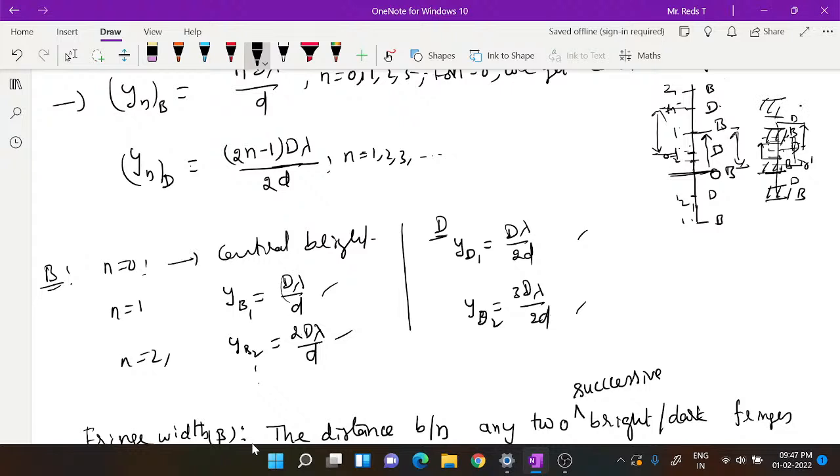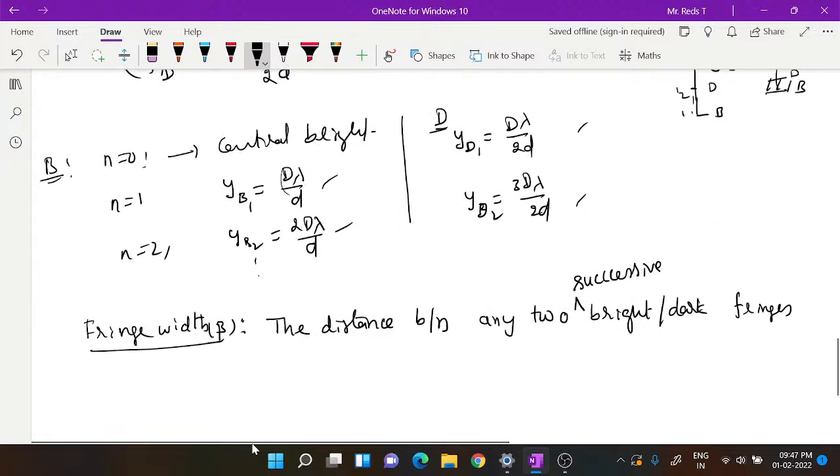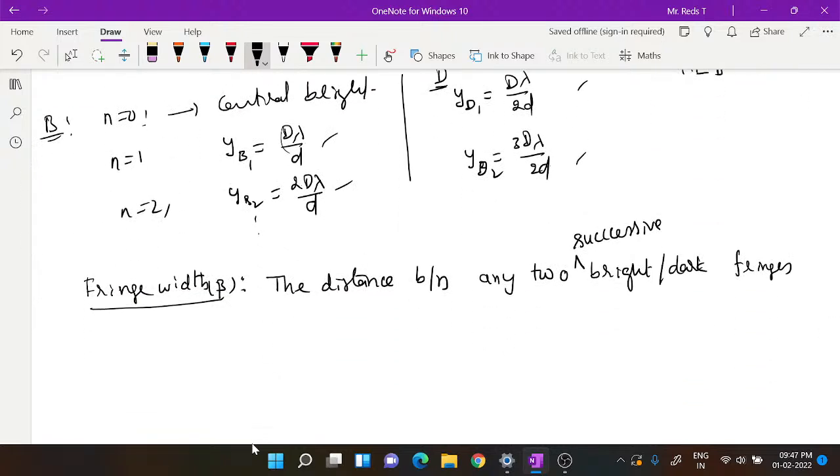This bright is the next bright only; that is the meaning of successive. The distance between any two successive bright fringes or any two successive dark fringes is called the fringe width.